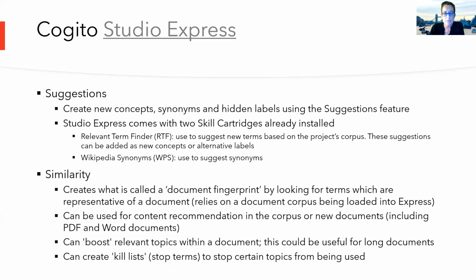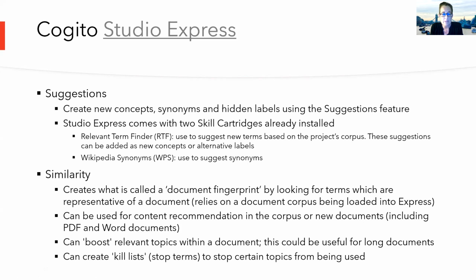The other one I can't demo today, because it's something I'm going to be exploring over the next few weeks, but maybe in a future meetup. It's something they call similarity, which intrigues me because it creates what they call a document fingerprint by searching within the document for terms which are representative of that document.